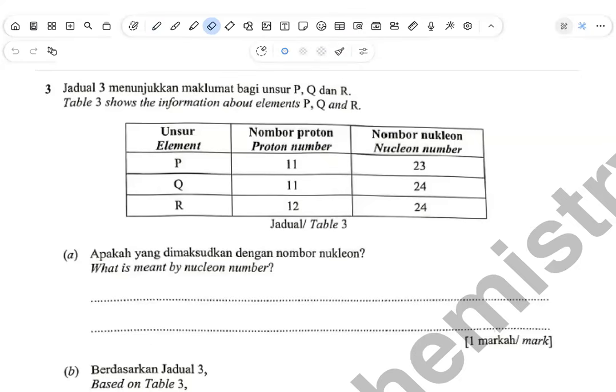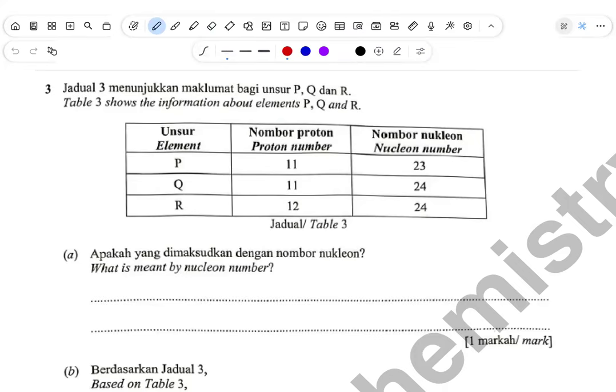What will be the answer that you will submit? What is the meaning of nucleon number? Okay, good. I saw a lot of messages coming in, which is very good.